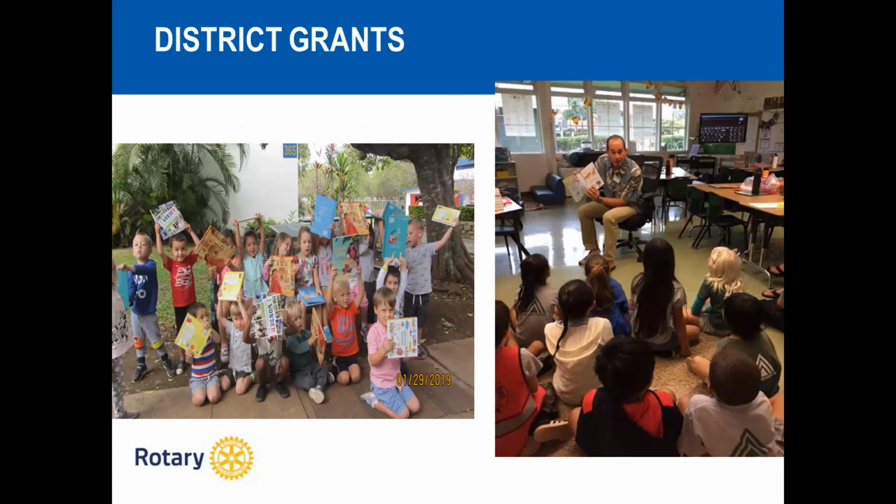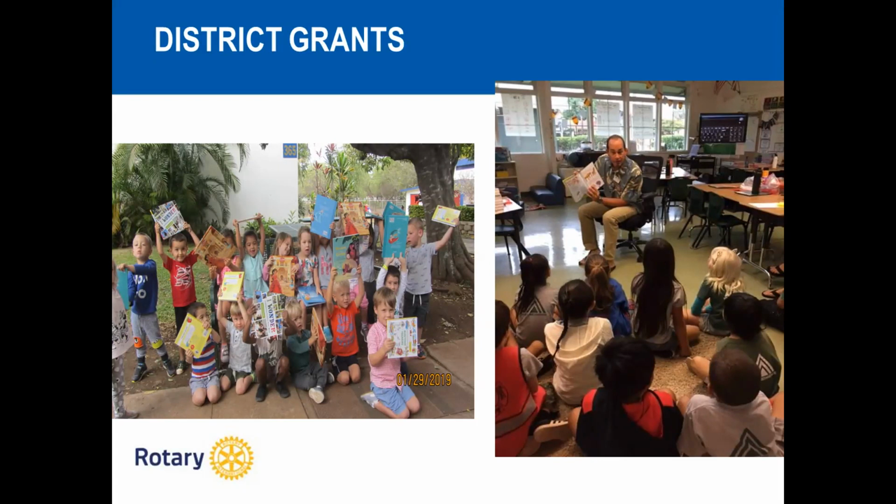Rotarians in District 5000 submitted 113 separate district grant requests in 2018-19, utilizing $116,736 in district designated funds. If you add in the club and other cash for these projects, we had an impact of almost $250,000 right here in our local communities.